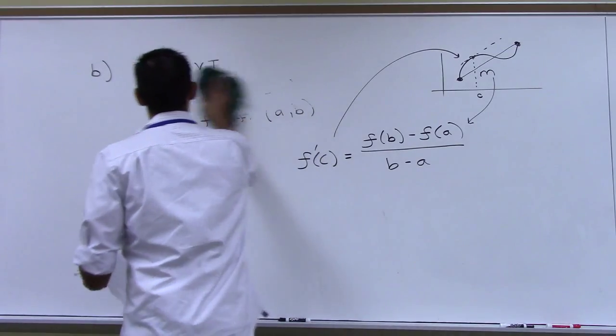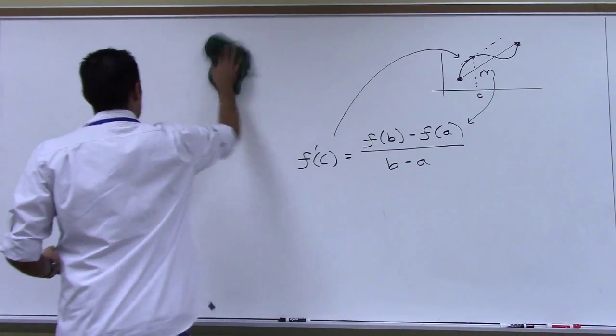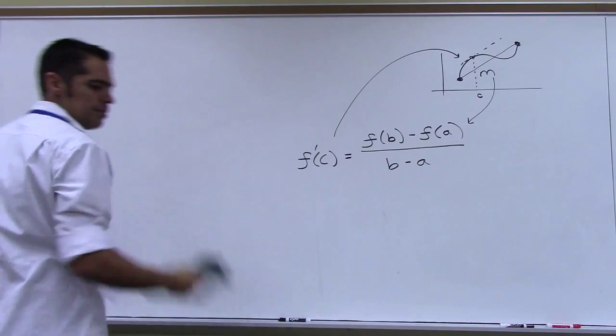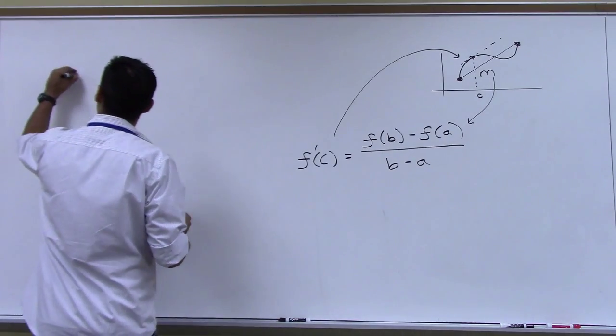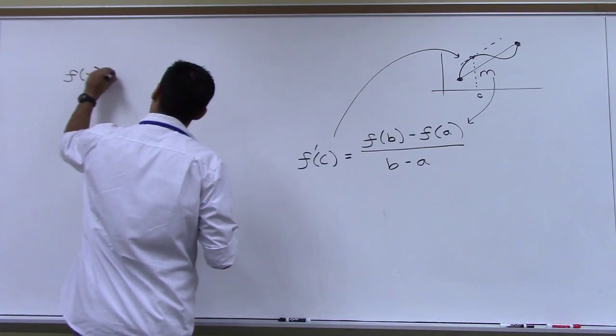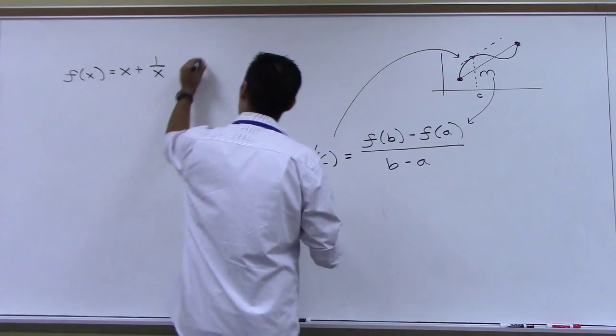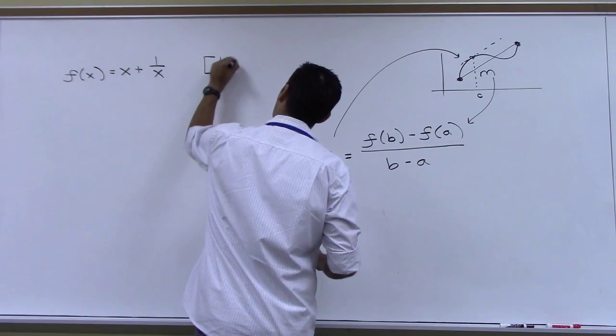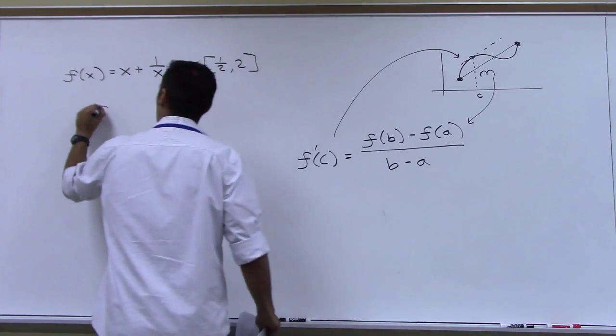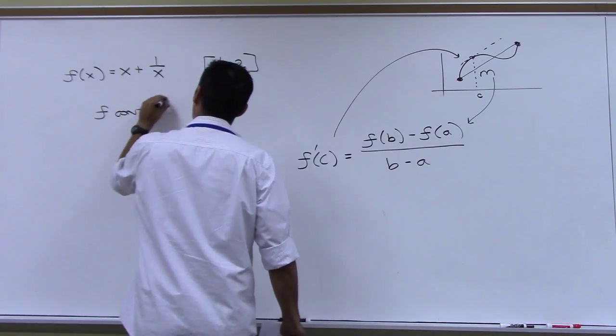So let's start with part B by writing out what the function is. We have the function is x plus 1 over x, and we're on the interval 1/2, 2. So first of all, is f continuous here?